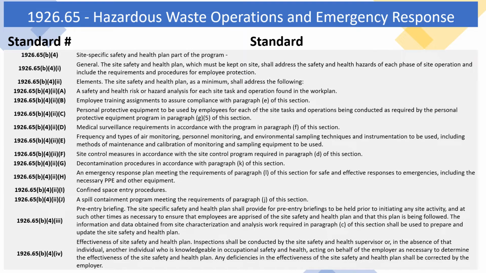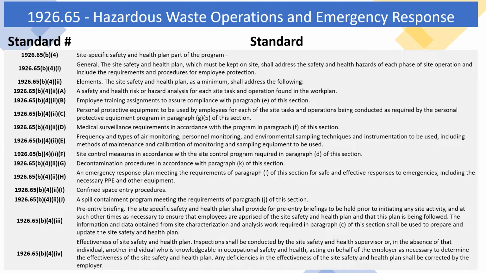1926.65(b)(4)(iv), Effectiveness of site safety and health plan. Inspection shall be conducted by the site safety and health supervisor or, in the absence of that individual, another individual who is knowledgeable in occupational safety and health, acting on behalf of the employer, as necessary to determine the effectiveness of the site safety and health plan.